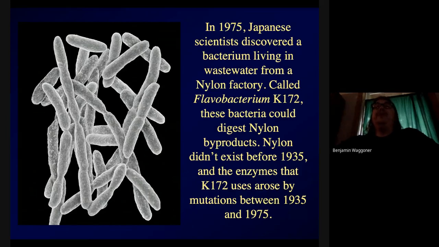So selection has favored the evolution of bacteria that can break down chemicals that, as far as we know, did not exist on the planet before 1935. That was a case of a mutation that was very beneficial for the bacteria because it lets them use a resource that no other bacteria can. So heck with bacteria. What about people?